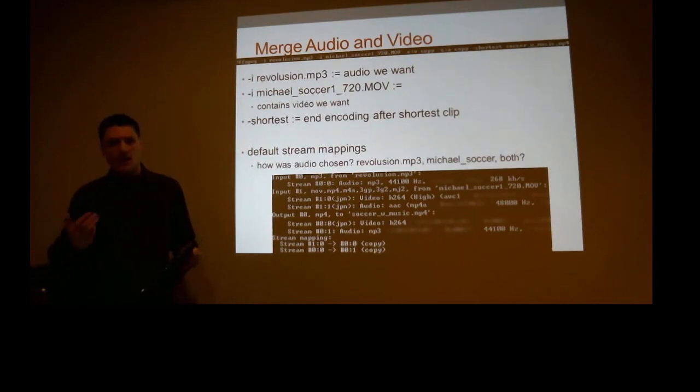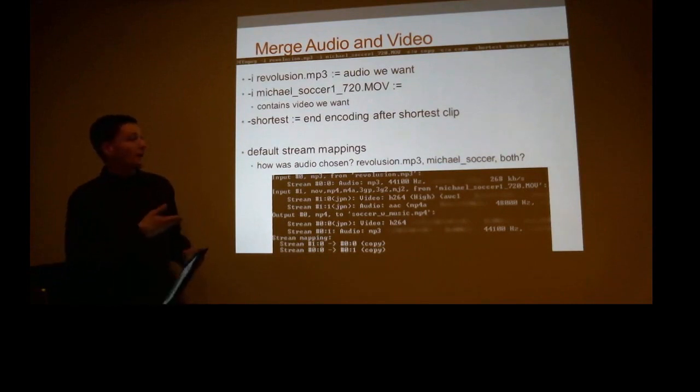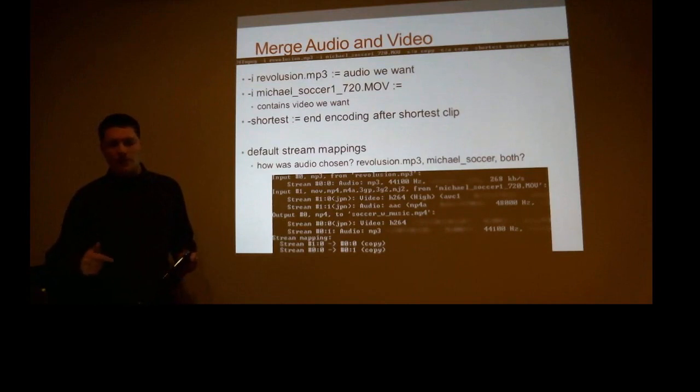In this case, it's the audio with the highest sampling rate. If there's a tie, then it takes the audio that was first on the command line. There are some ways that you can get around this with, for instance, the map option if you want to override the defaults and specify which audio or video should be used in the output file.